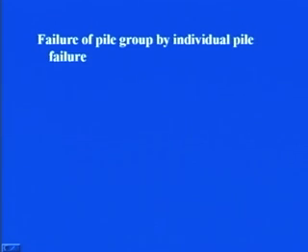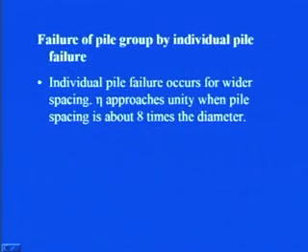Let us have a look at how we can find out the ultimate load carrying capacity when we are considering individual pile failure. Individual pile failure occurs for wider spacing, that is, eta approaches unity when pile spacing is about 8 times the diameter. So, we have seen that when the spacing is closer, eta is less than unity, and when the spacing is larger, eta is closer to unity.